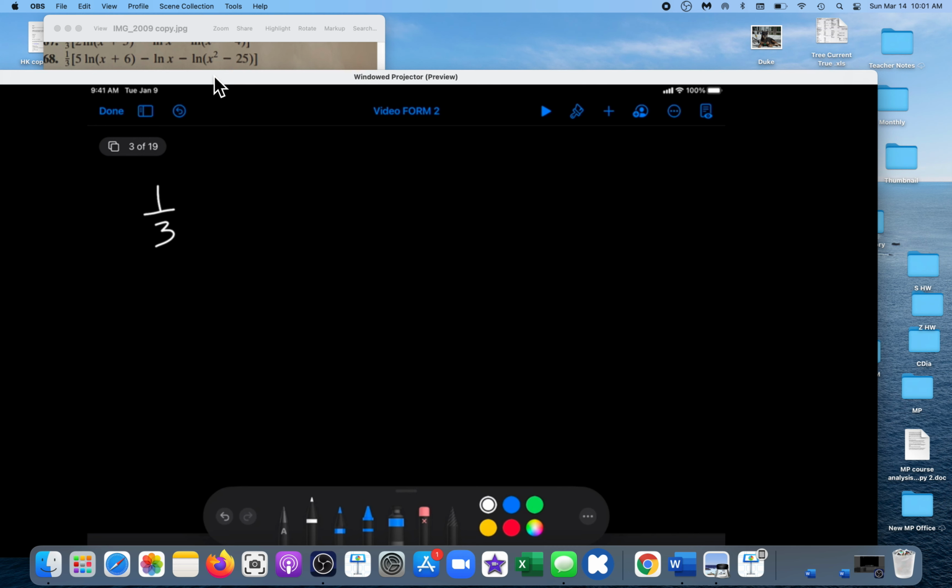We are going to write ln once, we're going to put x plus 6 to the 5th in the numerator. Again, we got that by just taking this 5 and bringing it up as an exponent. We're going to create our fraction, and the other arguments go in the denominator.